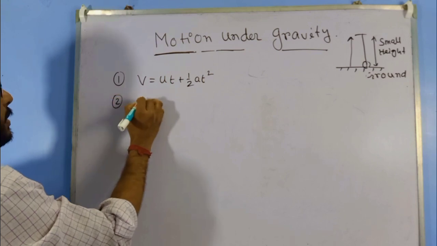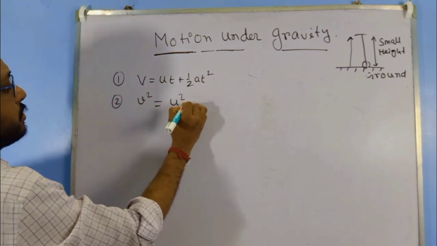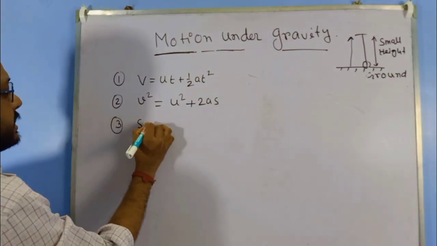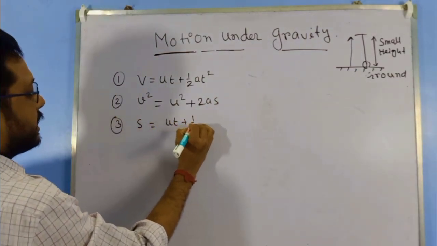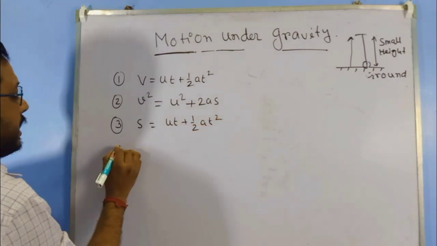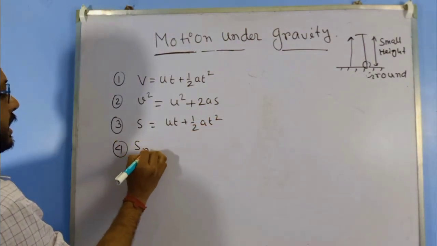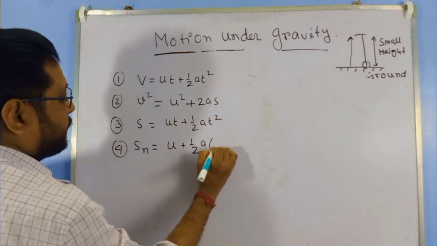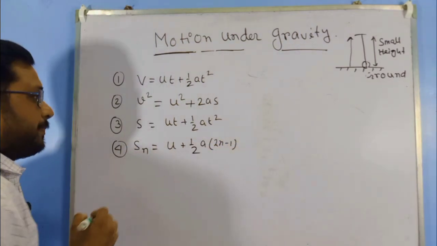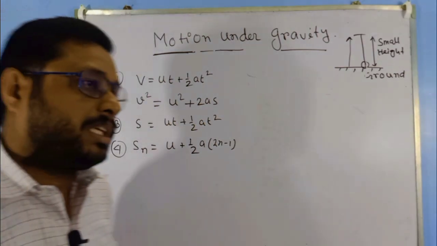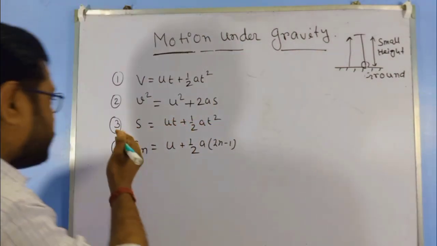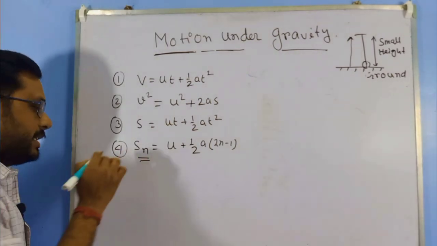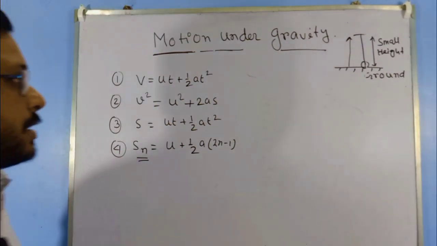Number 2, v square is equal to u square plus 2as. Number 3, s is equal to ut plus half at square, and number 4, the distance covered in the nth second, that is Sn equals u plus half a into (2n minus 1), where v is the final velocity, u is the initial velocity, s is the distance covered in time t, and Sn is the distance covered in the nth second.